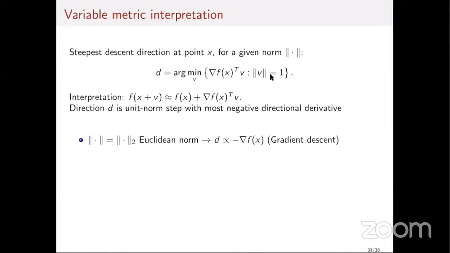The gradient method corresponds to choosing the Euclidean norm. If you minimize the gradient of f of x transpose v subject to the Euclidean norm of v equal to 1, then the solution is v equal to the negative gradient. This is a consequence of Cauchy-Schwarz, essentially: the minimum is attained when the two vectors are proportional.